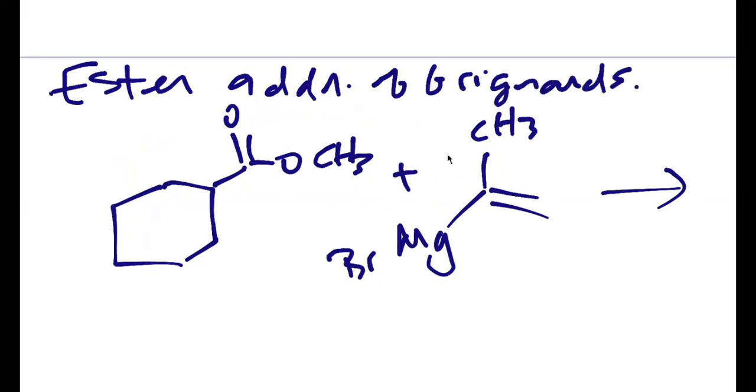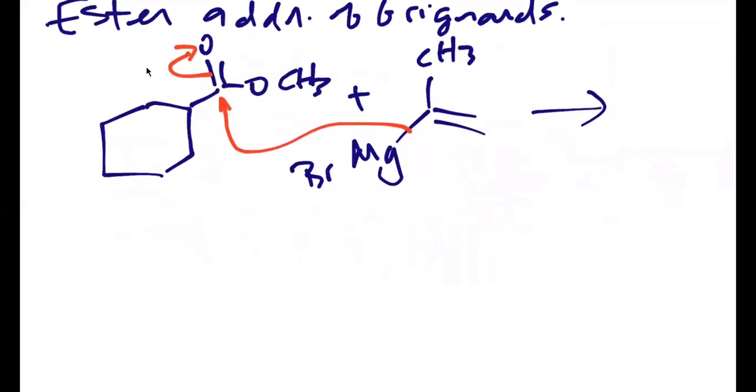We're talking about addition of Grignards to esters. And just like the ketone or the aldehyde, it is going to go through this tetrahedral intermediate. So none of that changes. I'm going to put in the arrows here. All of that's the same. So what would the intermediate look like? What do you think?